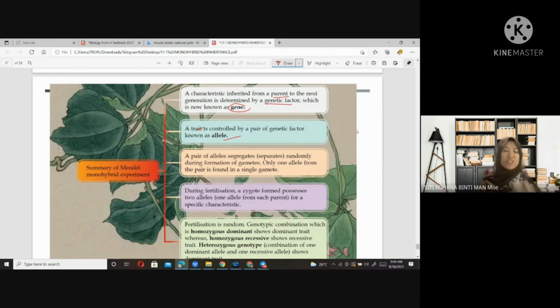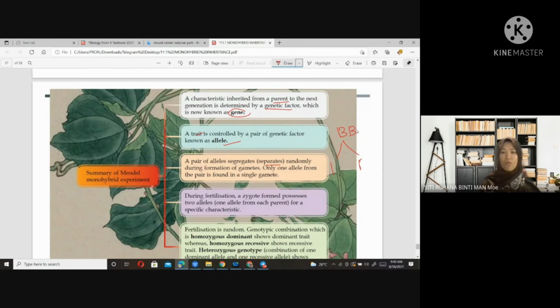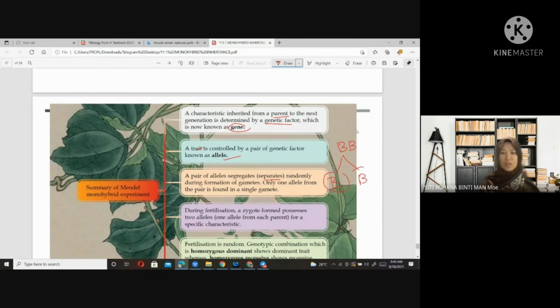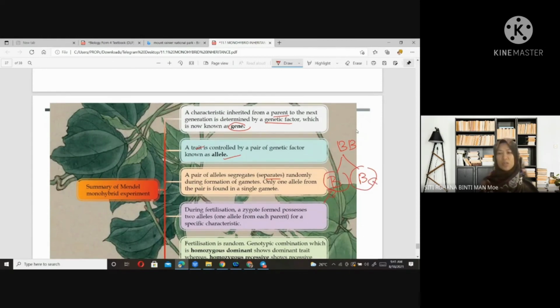So during segregation of the allele actually will separate randomly. Nampak? Alleles separate randomly in the formation of gametes. Itu maksudnya. Only one allele from the pair found in a single gamete. Satu je. Okay, mana boleh bawa dua-dua. Kalau bawa dua-dua nanti mutation lah.